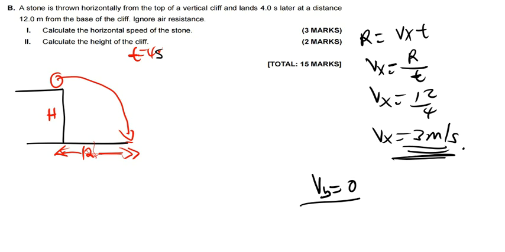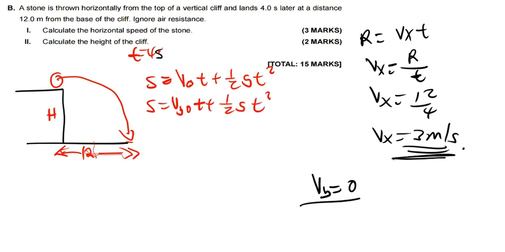So you realize that the formula for displacement is s equals v initial times t plus half g t squared. But the v we are talking about here is the vy, so I need to be specific. I'll say vy initial times t plus half g t squared. It is coming down, so g is positive. Now the vy initial is 0, like we said, because you are releasing an object from rest.